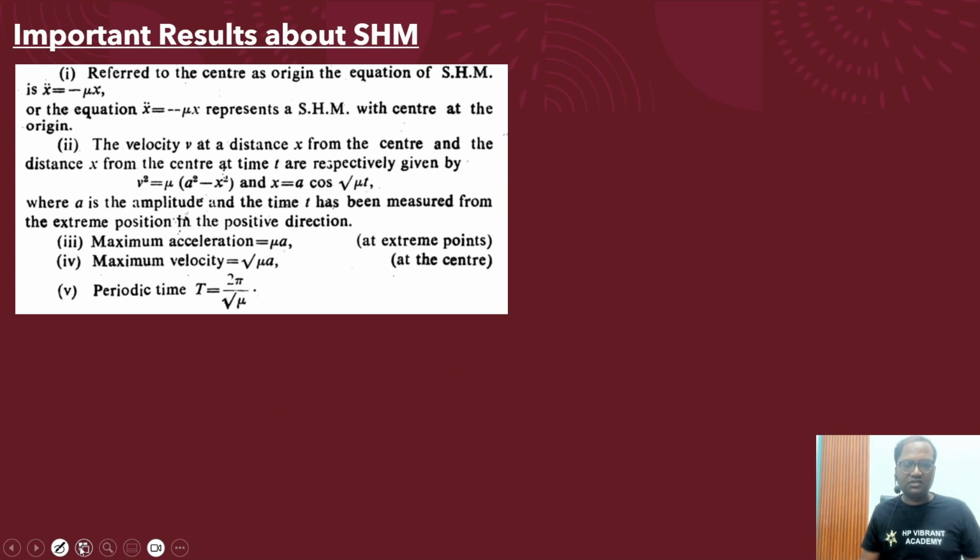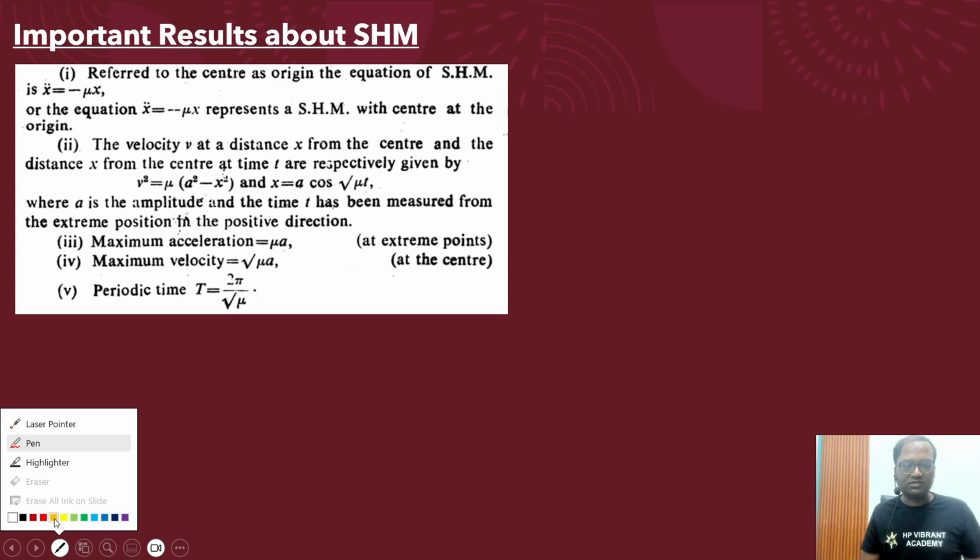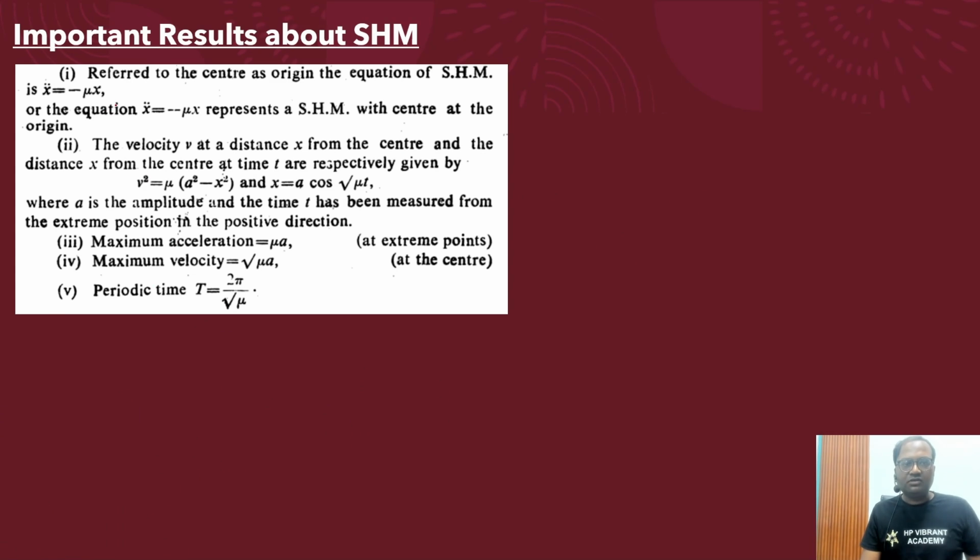Let us read the important results. This we have already discussed. Refer to the center of origin. The equation of SHM is d2x upon dt square is equal to minus mu into x. The negative sign is because the acceleration is always directed toward the center of force, in the direction of x decreasing. The equation x double dot is equal to minus mu x represents an SHM with center at the origin.